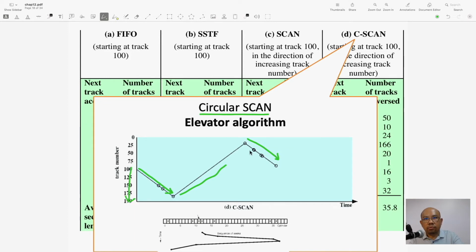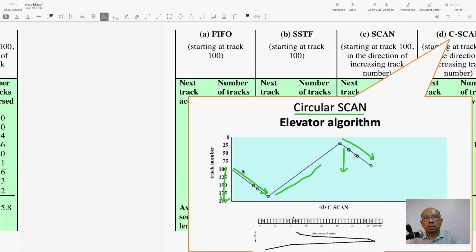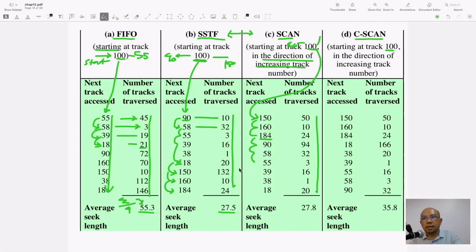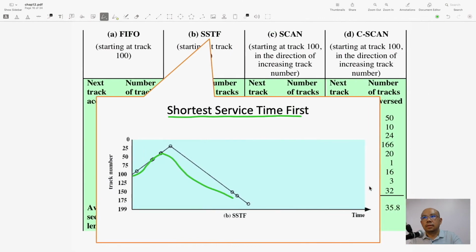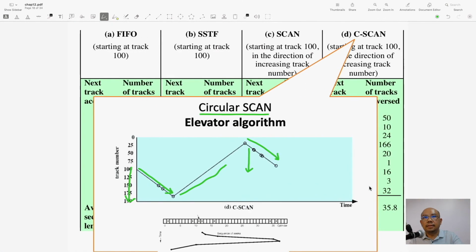So in this picture it is moving up and then moving up again, with no read and write in the part moving down. And this is the C scan algorithm.